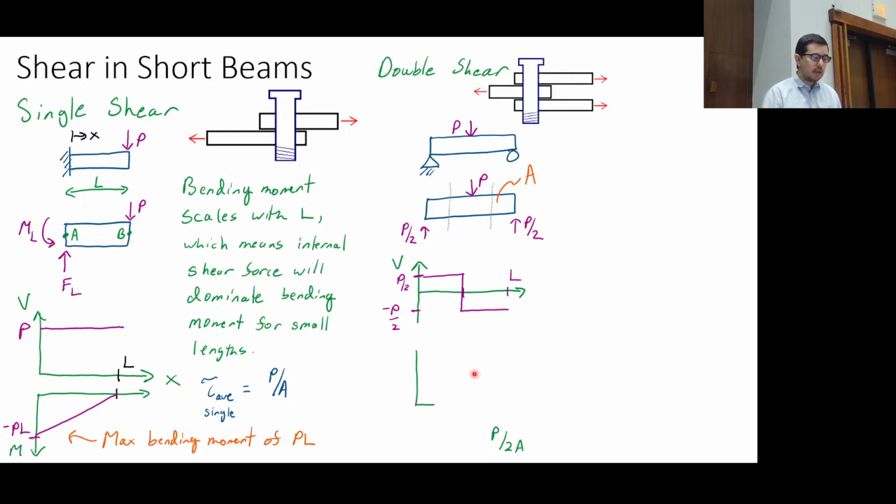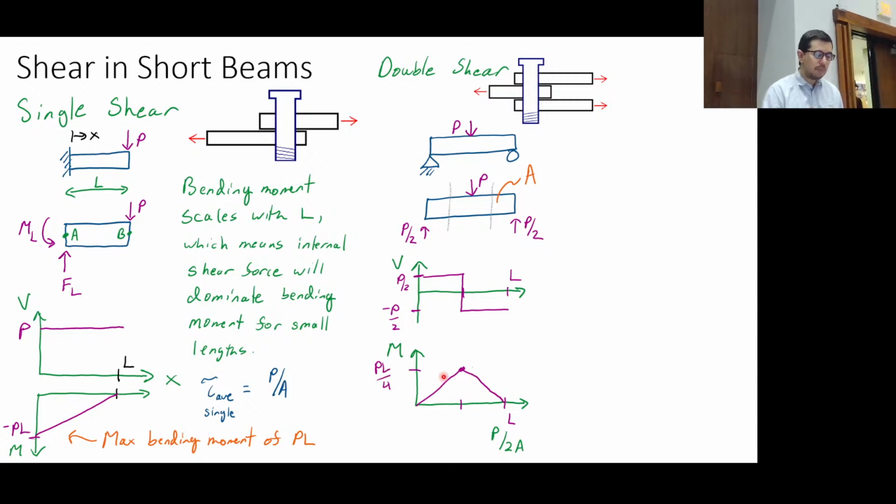The bending moment diagram looks something like this. It maxes out at PL over 4, and it's going to be 0 at the pin and at the roller. That makes sense because those boundary conditions are 0.